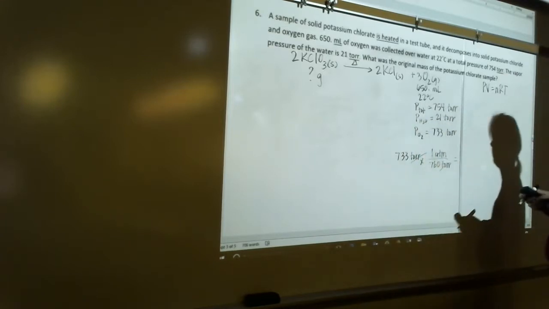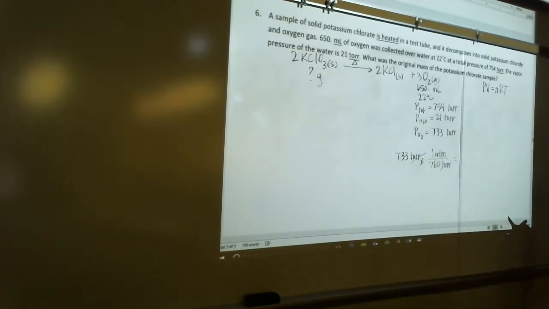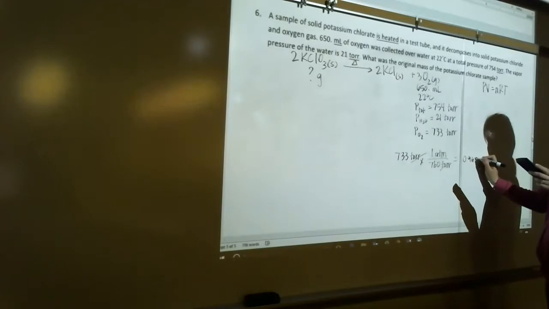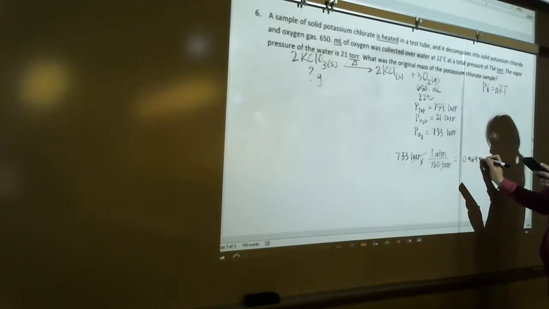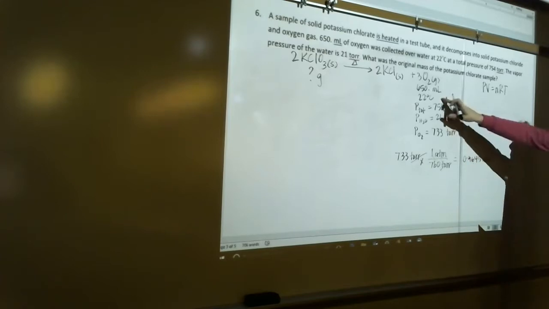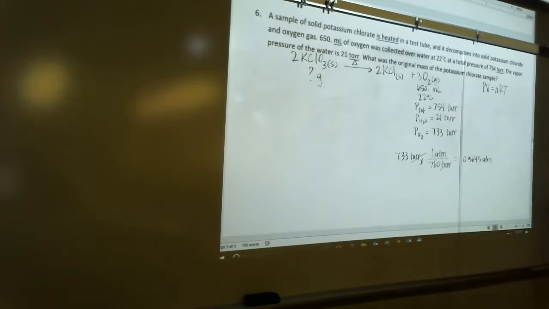So, 733 divided by 760, 0.964. Let's just carry out an extra decimal place. 5. We'll round at the end. Okay, can I keep Celsius as my temperature?